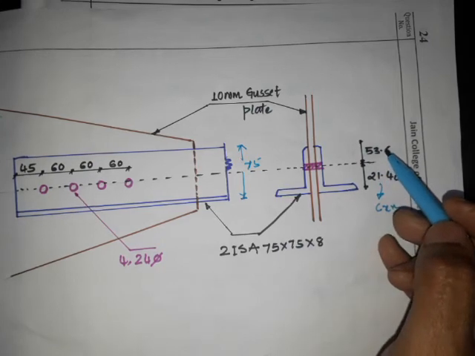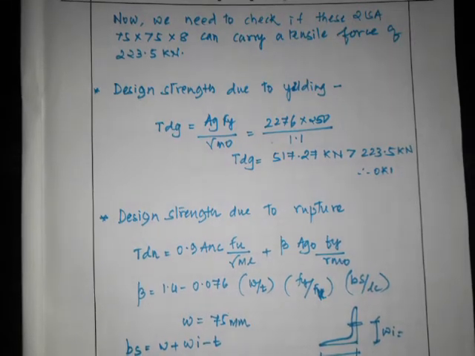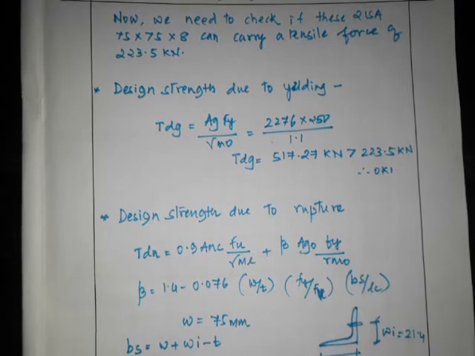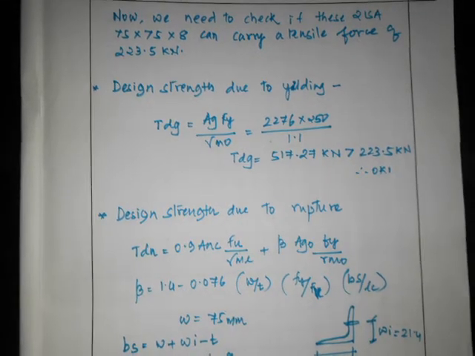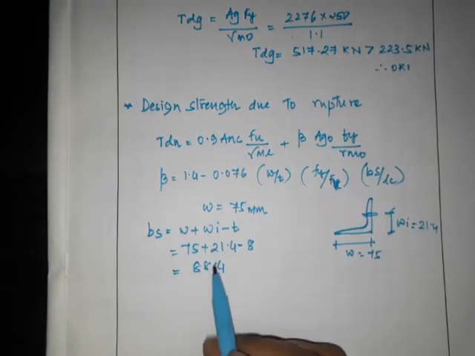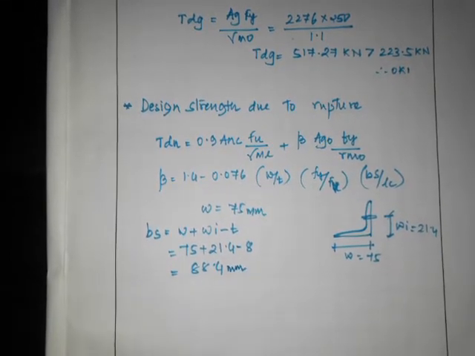Correct? So for that you have to find w plus w1 minus t. So 75 plus 21.4 minus 8, because we have assumed 75 by 75 by 8. So we get 88.4 mm.